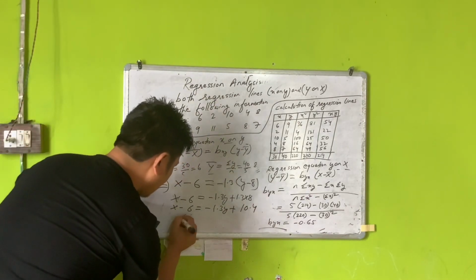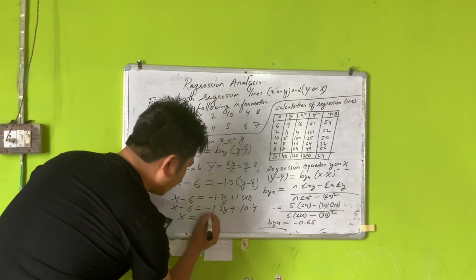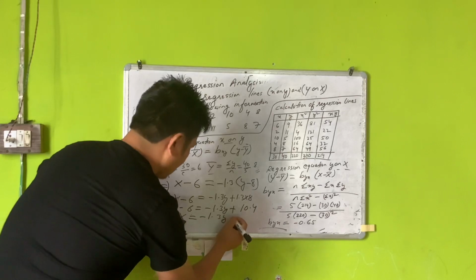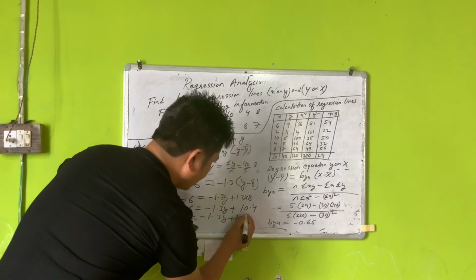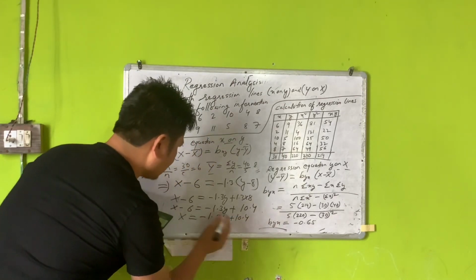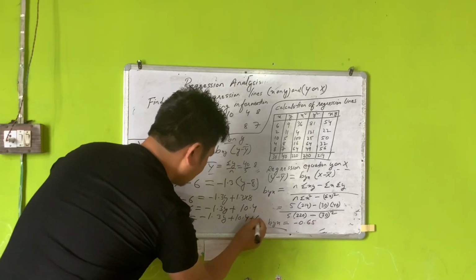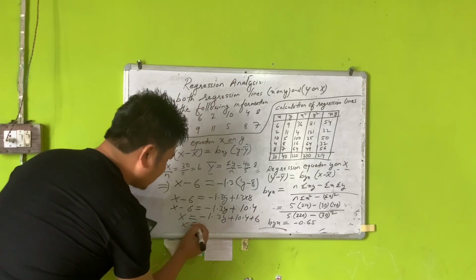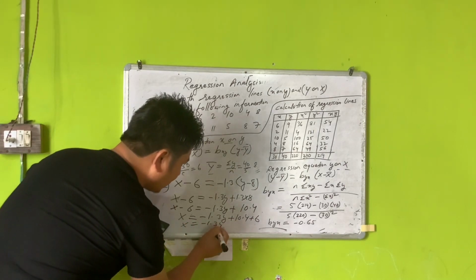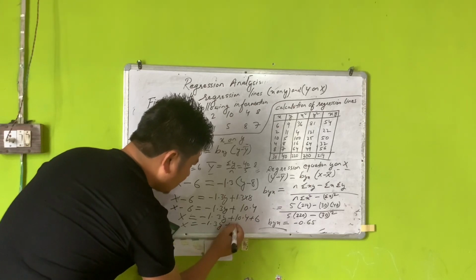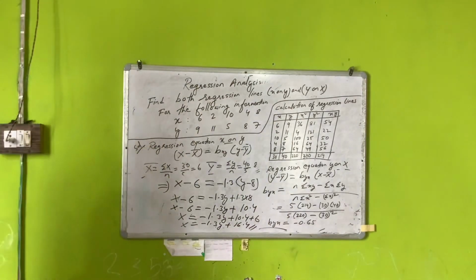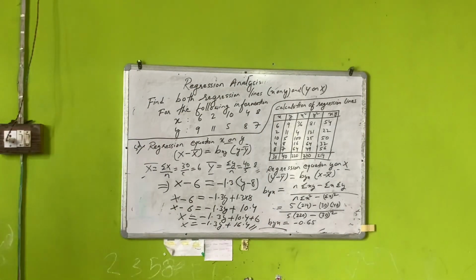Now x is equal to minus 1.3 y plus 10.4. Taking minus 6 to the other side, it becomes plus 6. So x is equal to minus 1.3 y plus 16.4 is the answer. 16.4, I think. You can check also by yourself.